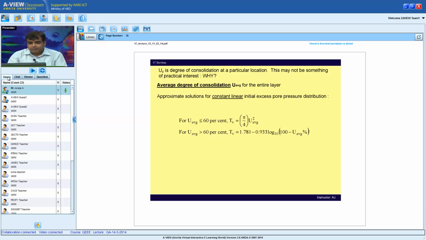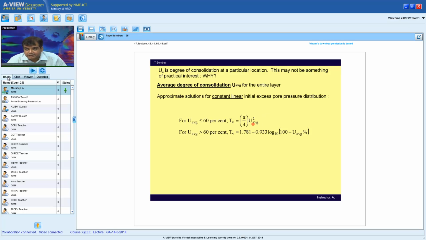So for an average degree of consolidation, we are normally recommended two equations. For an average degree of consolidation less than or equal to 60%, TV equals pi by 4 U average square. Remember, this U average in the first equation is in ratio. If I am happy to make it in percent, I would just divide this by 100 into a whole square.